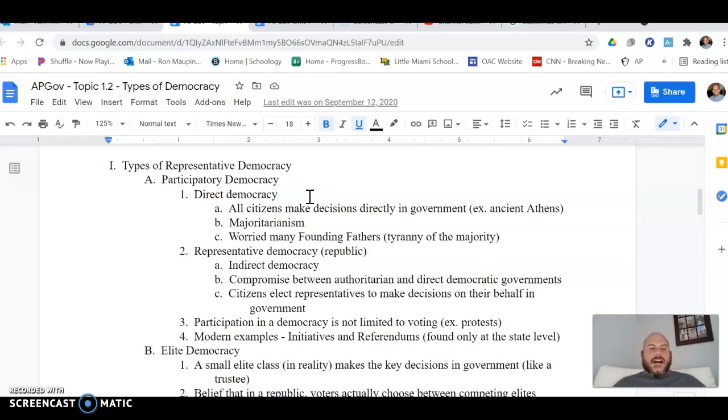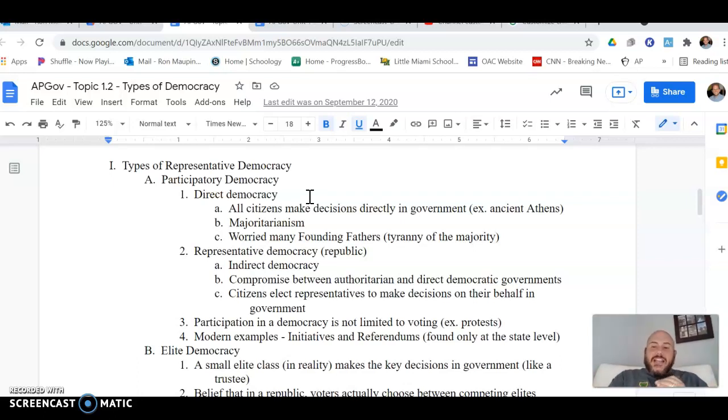If you run a government with majoritarian principles, then that means that what the majority of the people want is what they're going to get. Well, if most of the people are relatively poor and they see a very small minority of elites out there that have most of the money, it's not going to be too hard to imagine that a majoritarian government will basically strip these founding fathers of their wealth and status against their will.